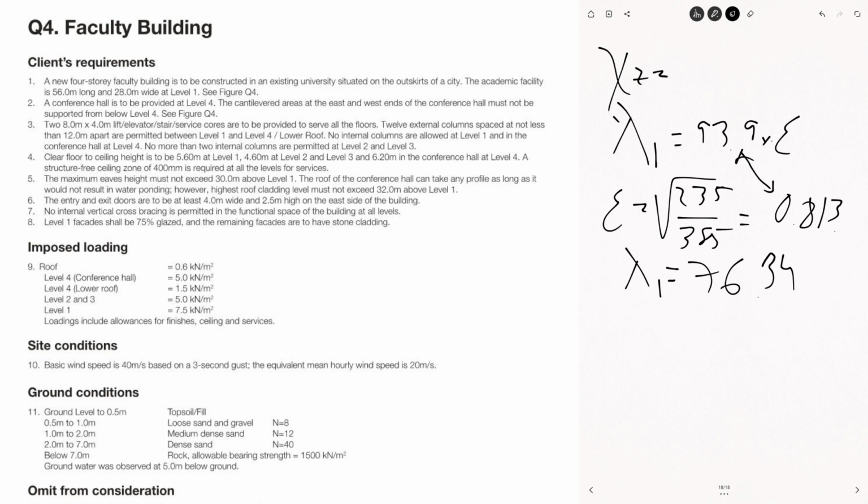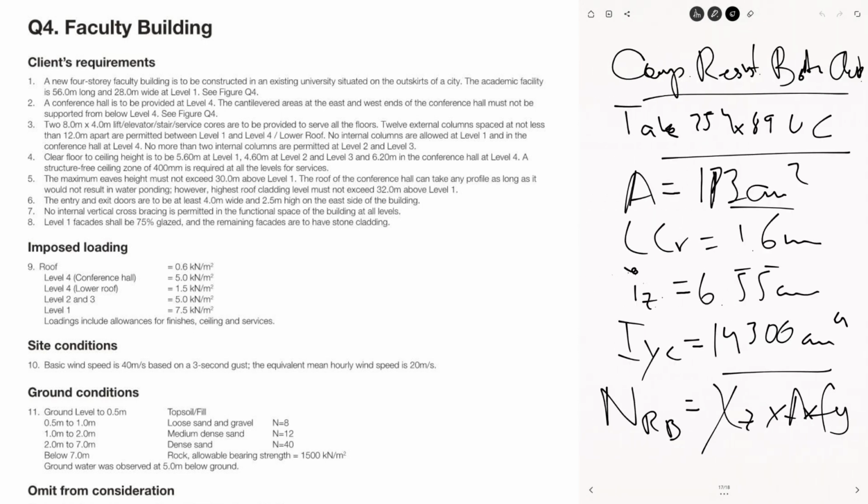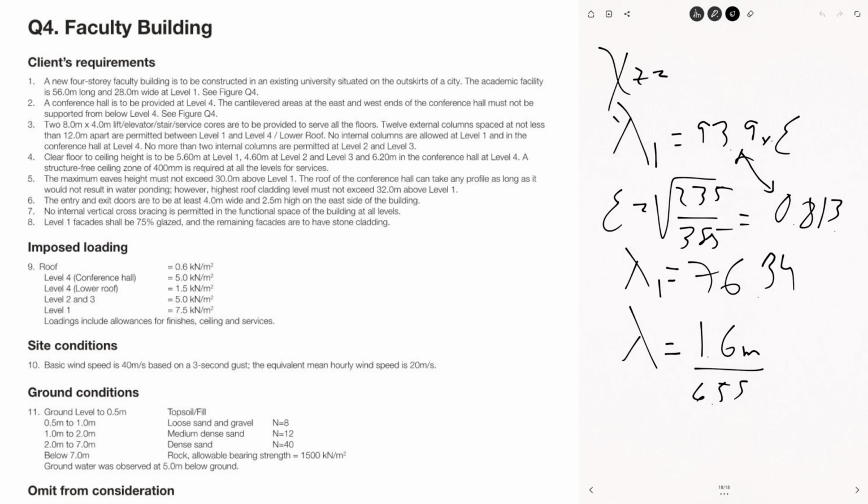Okay, and now I calculate my lambda, which is 1.6 meters divided by the radius of gyration, which was 6.55, and then that times 10 to the power -2 because it's in centimeters.